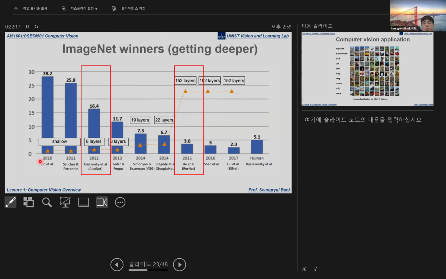This graph shows the state-of-the-art winners in the ImageNet challenge. The x-axis denotes the year; for example, in 2010, Lin et al. won the challenge, and in 2011, these guys won. The y-axis denotes the error rate of the winning algorithm.